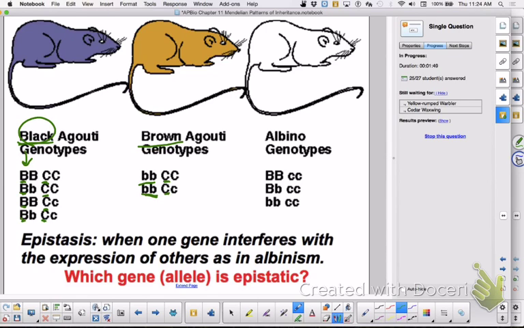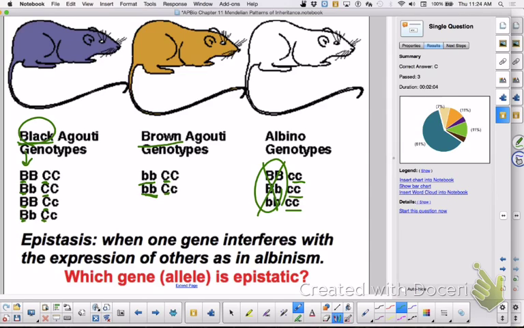Black and brown both start with B, but little b lines up with the brown one. So that's homozygous recessive. To be an albino, it doesn't matter about your B-ness. We don't care what B you have. The whole issue is you are homozygous recessive for the C. So that is the epistatic gene. It's the gene that's in control.